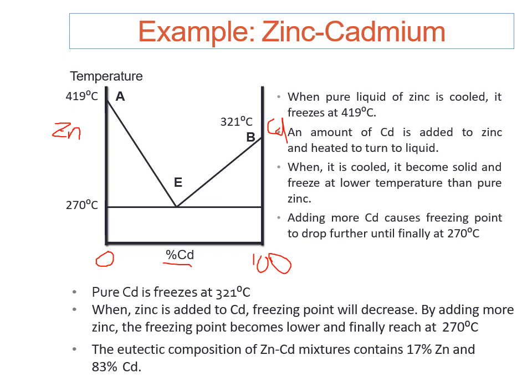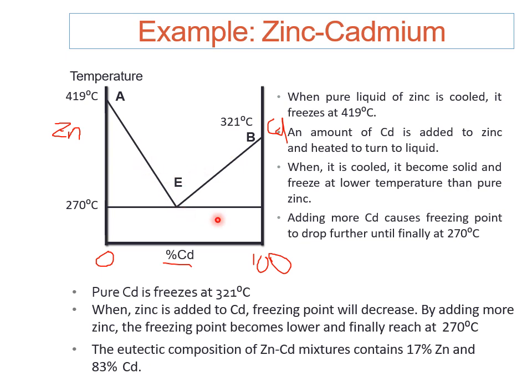So what would happen here is that when pure liquid zinc is cooled, it freezes at 419. When an amount of cadmium is added to zinc and heated until it becomes liquid, then when it cools, both become solid and freeze at a lower temperature than pure zinc.